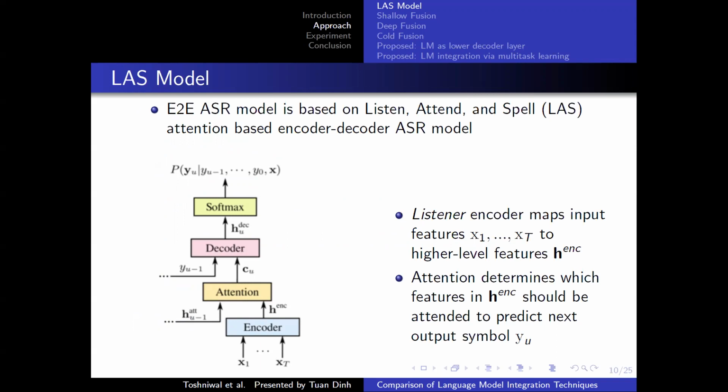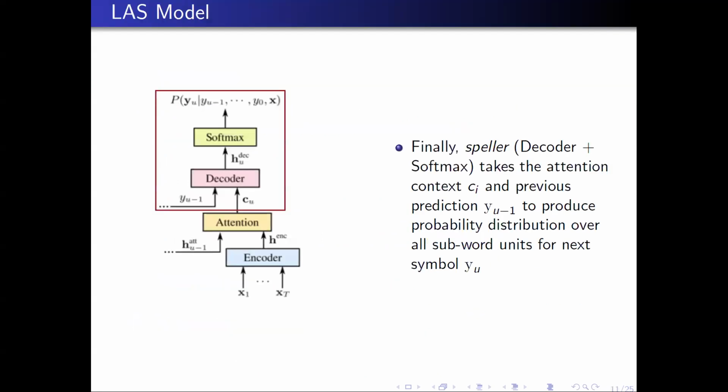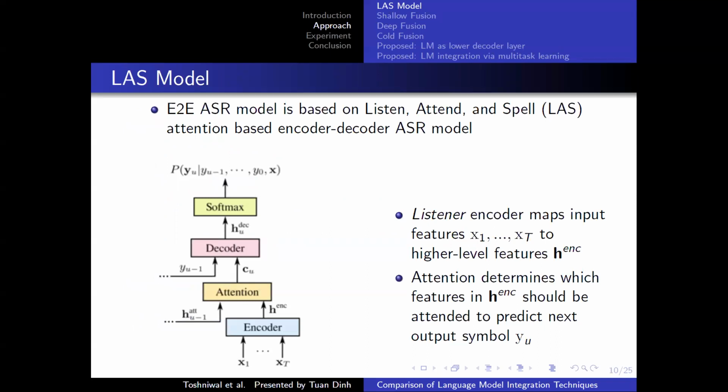In this work, the end-to-end ASR system is based on listen, attend, and spell. There are three main components: the encoder, the attention, and the decoder. The listener encoder maps input features x1 to xT to higher level features h.